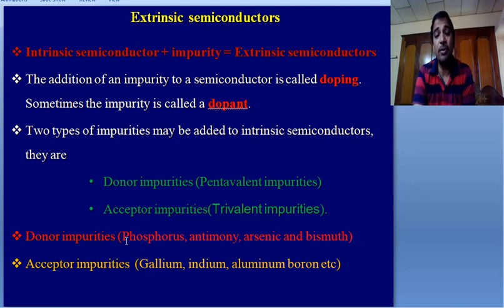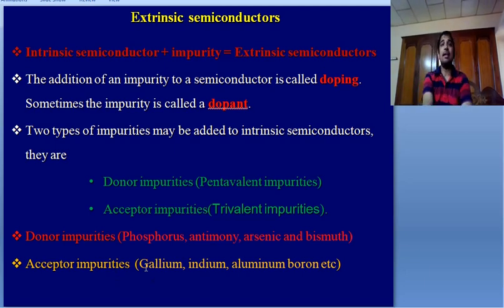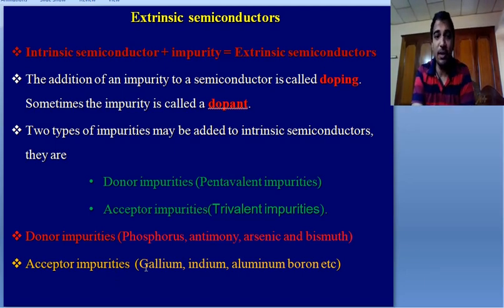Please make a note, PAAB, you may use it as PUB, right? So PAAB, pub, for donor impurities, pentavalent impurities. P for pentavalent, pub. And next is trivalent, with only 3 valence electrons: gallium, indium, aluminum, boron, right?